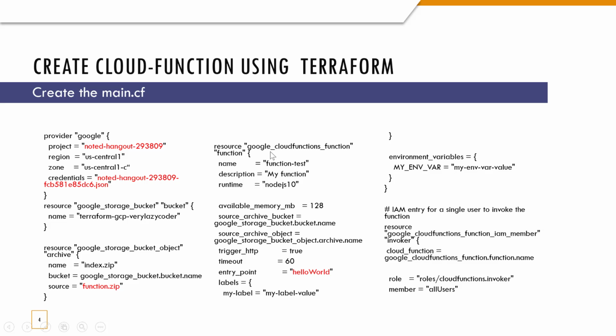So we'll just provide this particular function test as the input to this cloud function key. We also would provide the role. The role would be just a cloud function invoker, and the member would be all users. So what this means is that anybody can actually invoke this particular function.